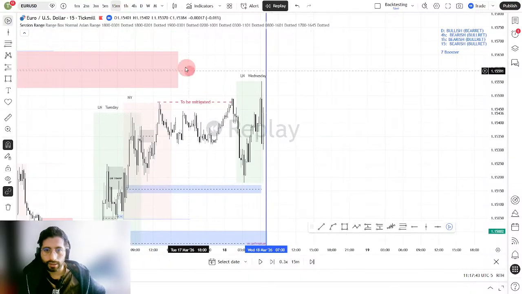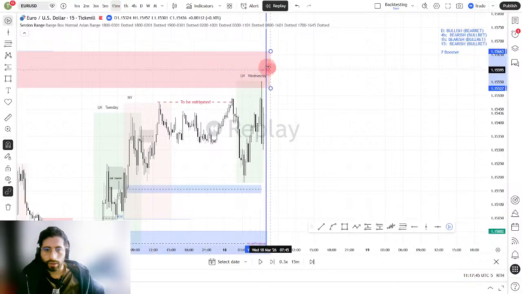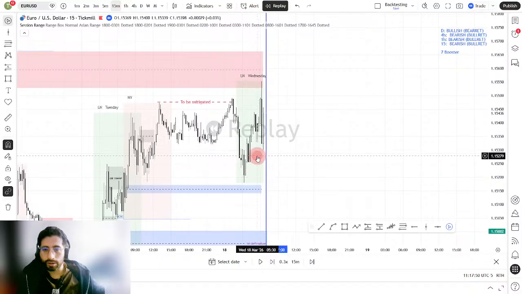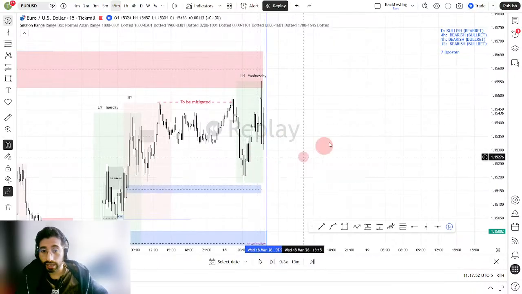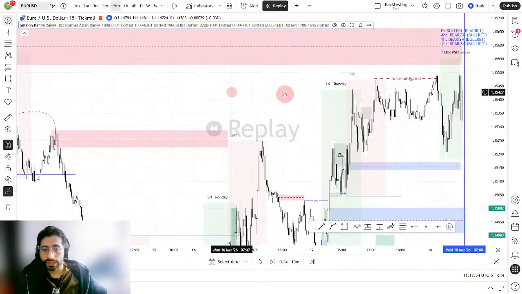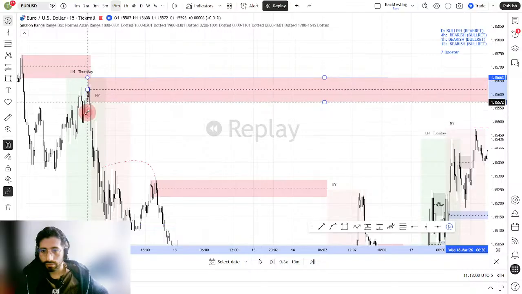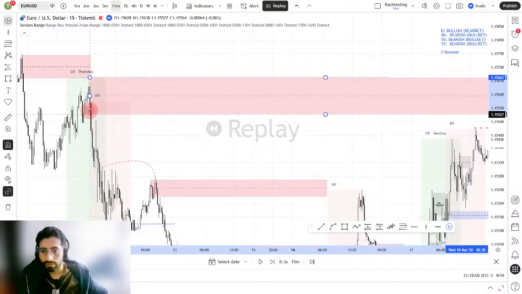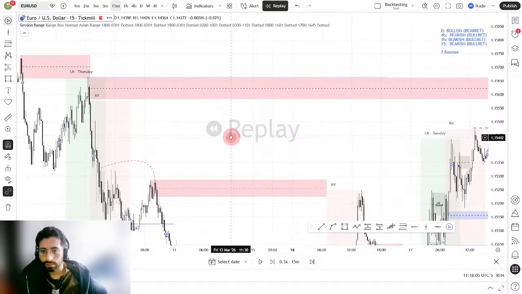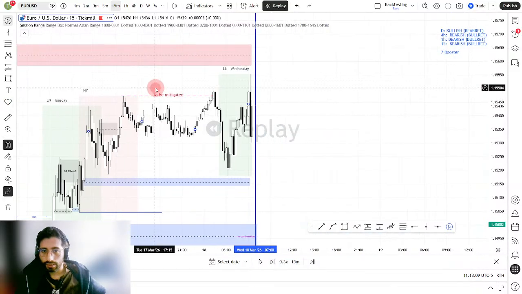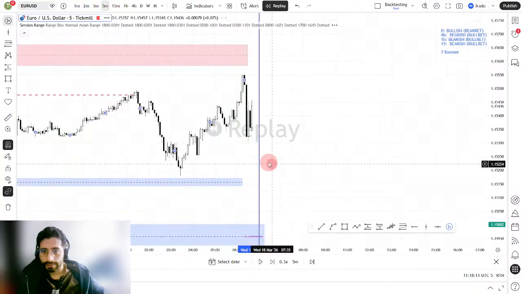And now look at the next. Now we are in the order block. This order block we marked wasn't mitigated at all, but was the zone in which the price had a reaction. This is the 15 minutes time frame here. Yes. Nice.